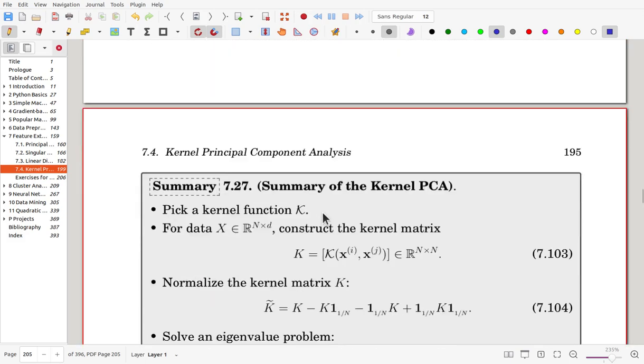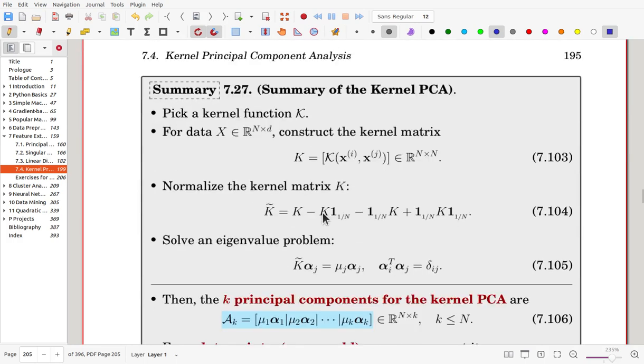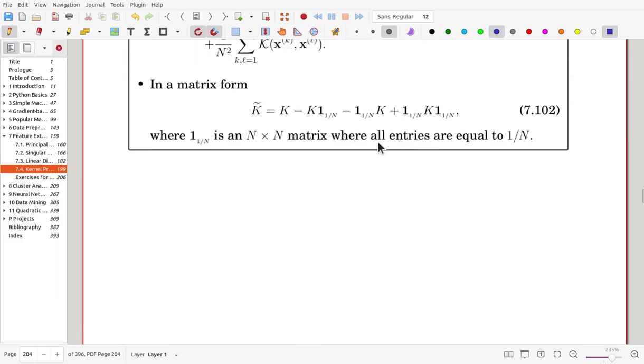Okay, here we summarize the kernel PCA. In the beginning, we pick a kernel function k and get the kernel matrix. The kernel matrix may not be standardized, so we normalize it by using this formula.